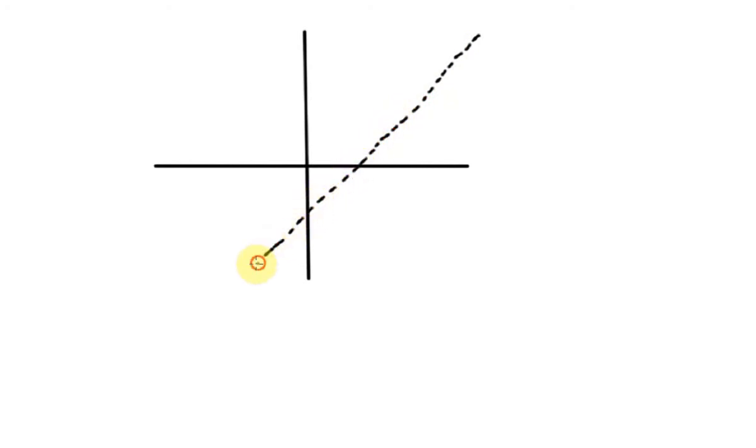Suppose we worked out that an oblique asymptote goes like this. Whoops, it's supposed to be a nice straight line. But anyway, let's say this was the equation of the oblique asymptote.